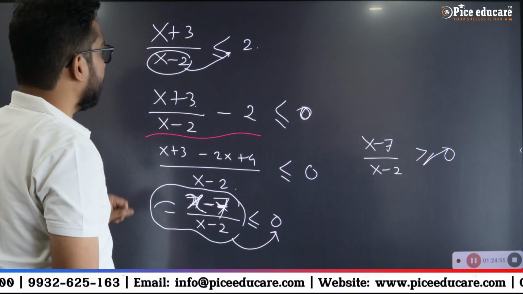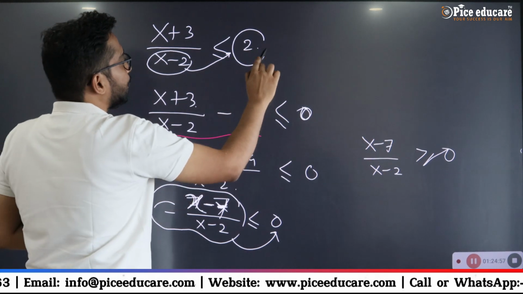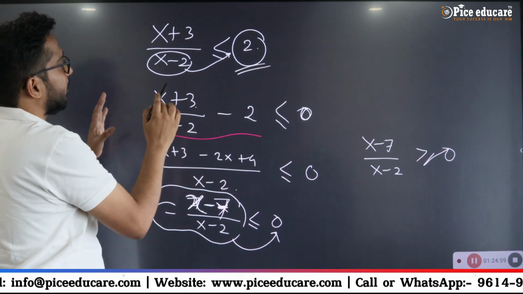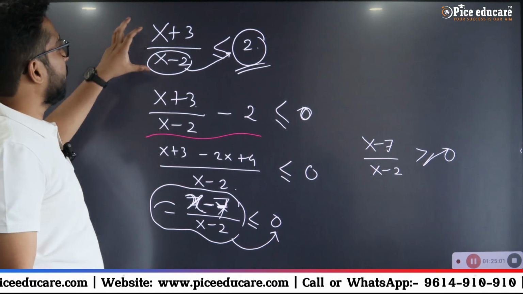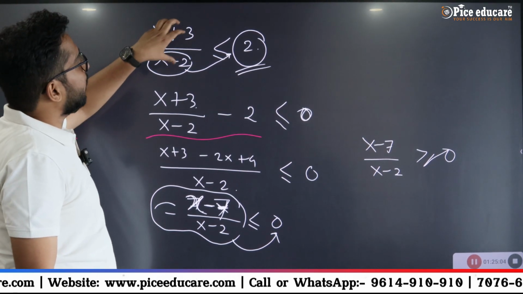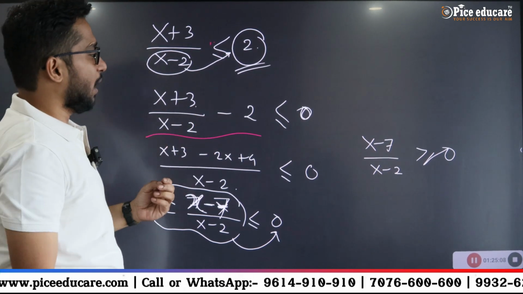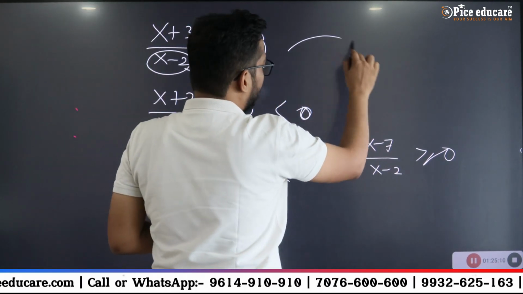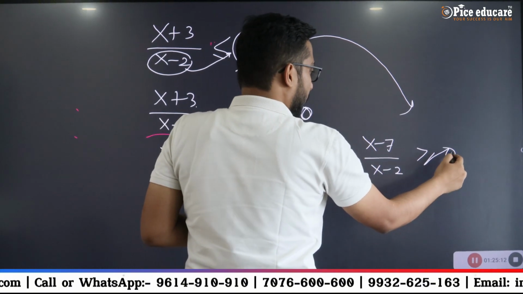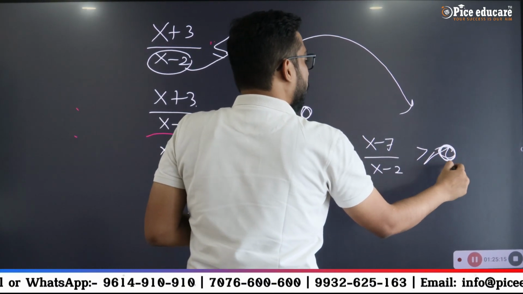So the idea is that whenever you are given some constant which is other than 0, and you are being asked whether this quantity is lesser than equal to this or bigger than equal to this, whatever may be the case, you can convert this problem into a 0 constant problem.